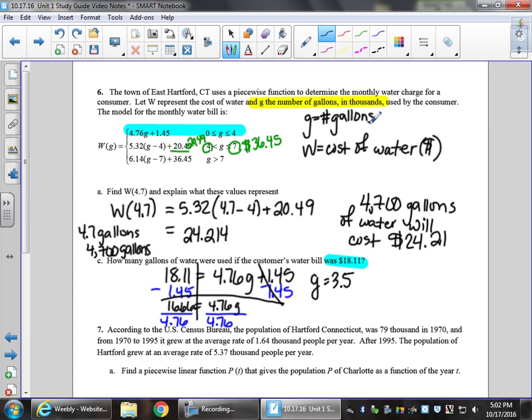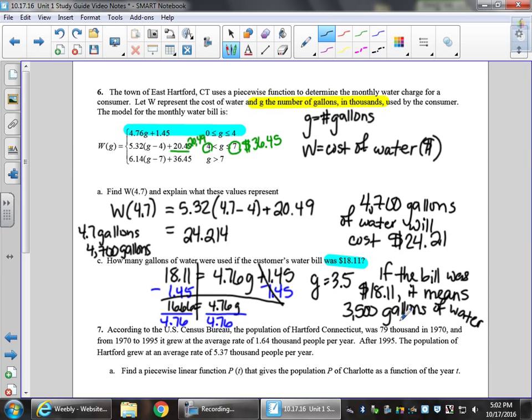So 3.5 times 1,000 is 3,500 gallons. So if the bill was 18.11, it means 3,500 gallons of water were used that month. Because remember, this is a monthly bill.